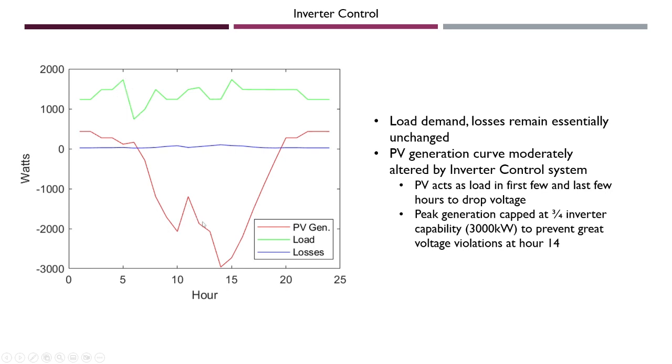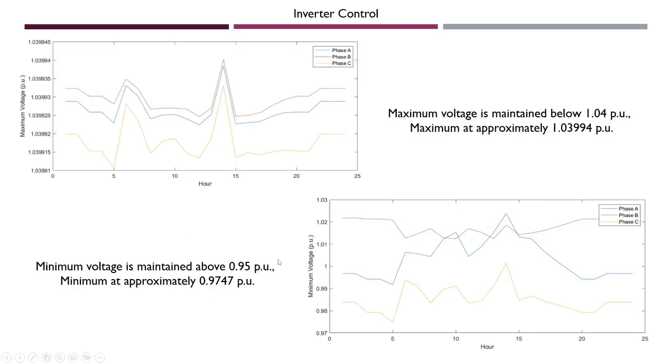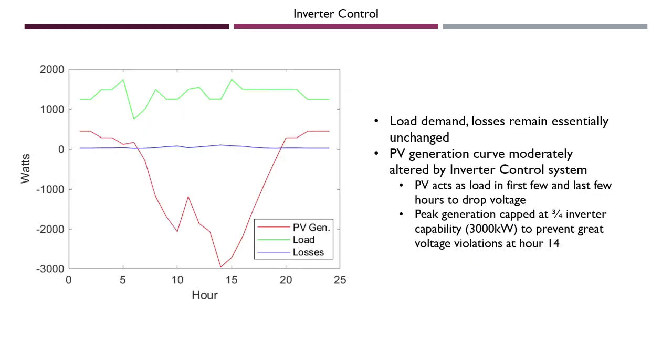And then we notice here towards the bottom that our peak PV generation is actually capped at 3,000 kilowatts, meaning we're using only 3/4 of our inverter capability, such that we can prevent the violations at hour 14 as shown here. We are close to that violation at hour 14, but not exceeding it.